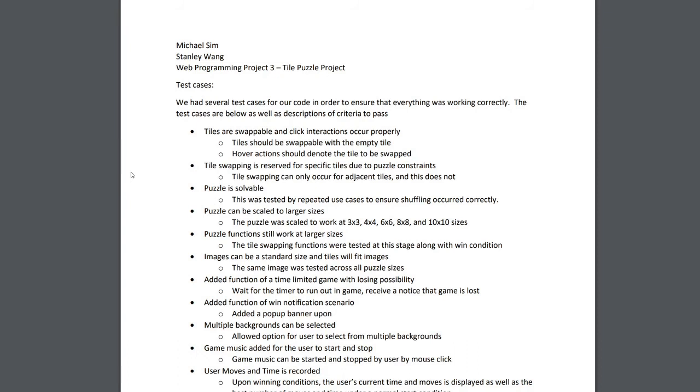Whether the puzzle can be solved would be an issue, but that's not really something we had to worry about, since the way we implemented the algorithm for the shuffling ensured there was a guaranteed way to solve the puzzle. For example, what we did was have the white blank piece move around randomly throughout the shuffle about 1,000 times, I think.